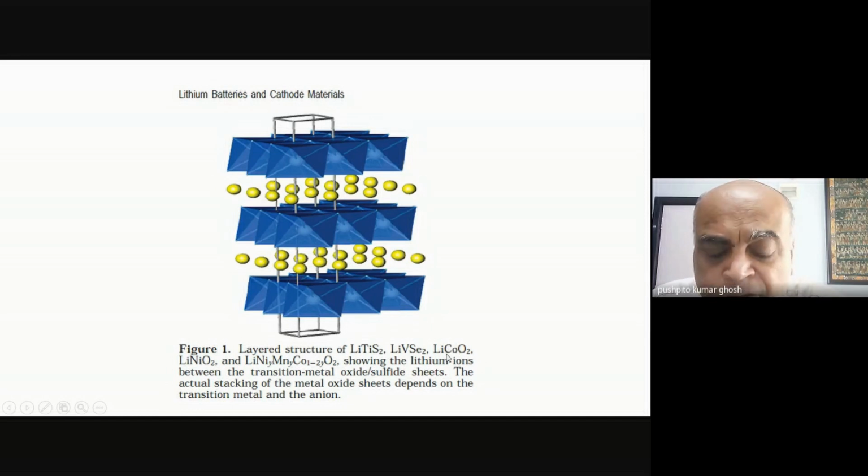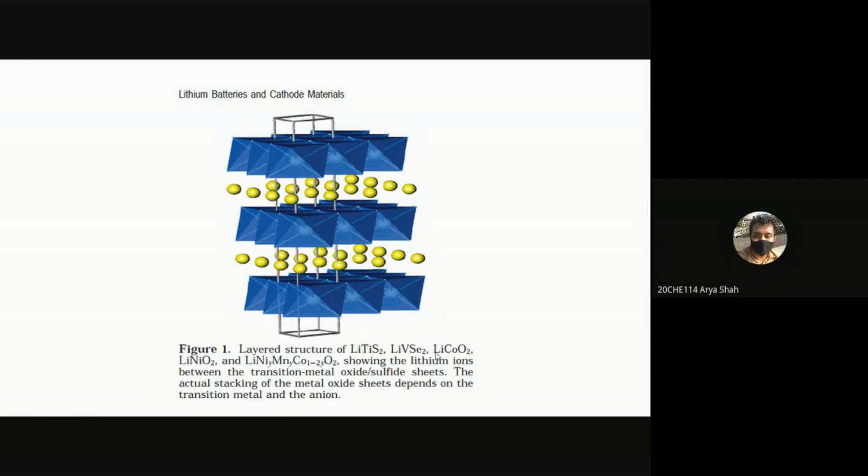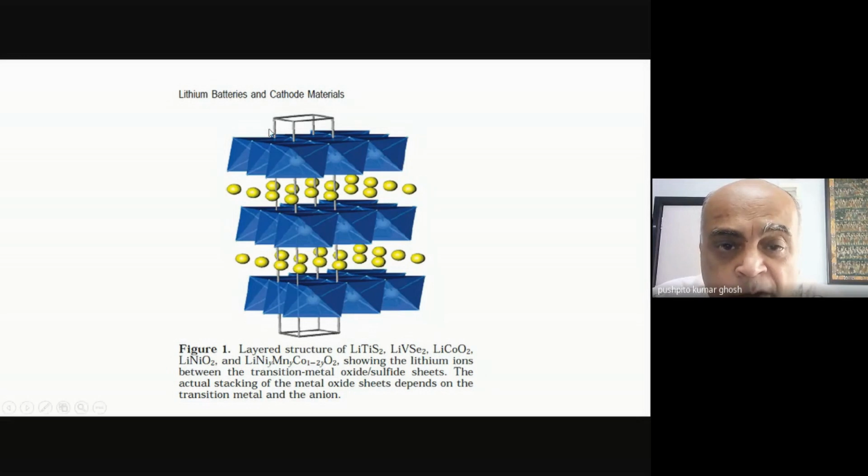Now imagine a situation where I'm oxidizing cobalt and it's becoming cobalt 4. Do I need the lithium now? No, sir. Absolutely. So the lithium will get out of this place. And so that's what I mean by lithium coming in and going out. It will depend on what is the oxidation state of my cobalt.